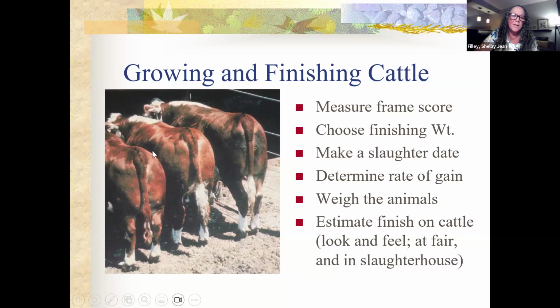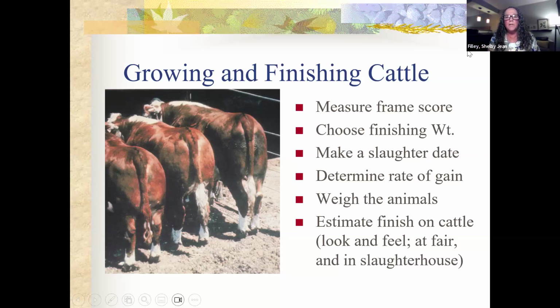They're all finished to the same endpoint degree of finish, but of course they're going to be different weights. You know, maybe 1100 to 1400. I don't know exactly, but those are all heavily muscled, very nice finished animals.